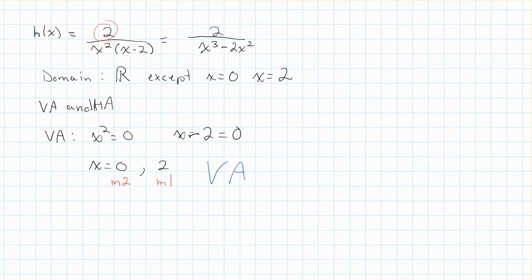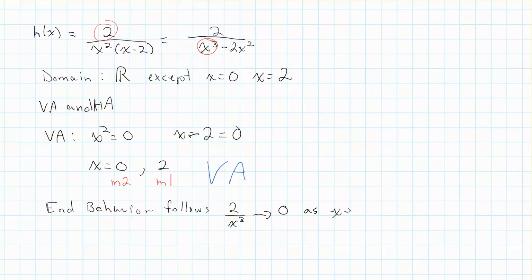And so the lead term in the denominator is x cubed. Now, in this particular example, it wouldn't make a difference, but it does make a difference in some problems. So then my end behavior follows 2 over x cubed, and we talked about this in one of the previous videos, that if you have 2 over x cubed, as you go to infinity or as you go to negative infinity, this is going to go to 0.